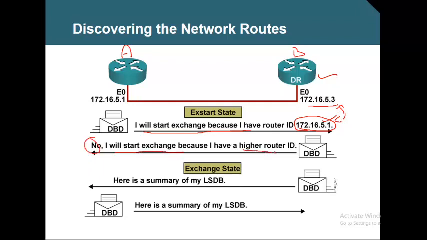Because my router ID is higher. I'll start the exchange. You be silent. After I send, you can send. This is what we call ExStart state. ExStart state is the place where they decide who will initiate the exchange, who will start the exchange.